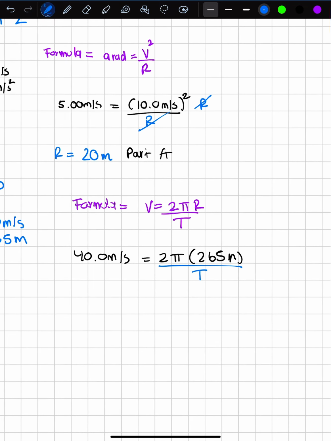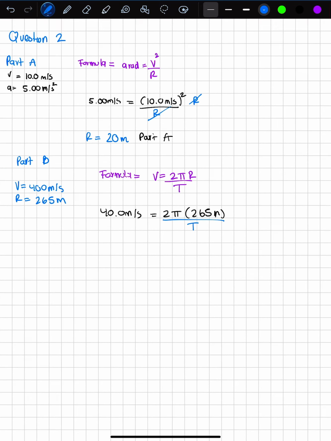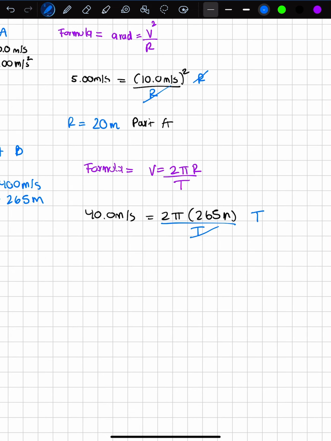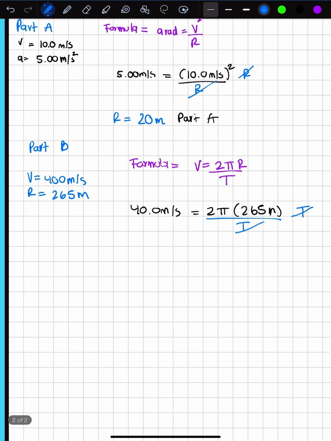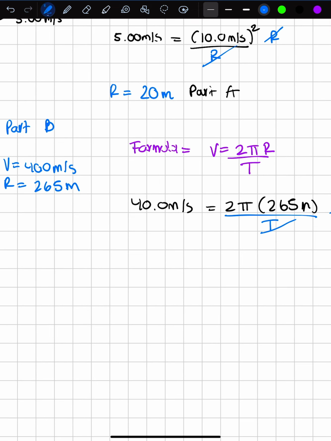Fine. So we're going to do what we did in part A. We're going to solve for T. Move that to the other side. Multiply that in our calculator. When we multiply that, let's see what we get: 2 times pi times 265.